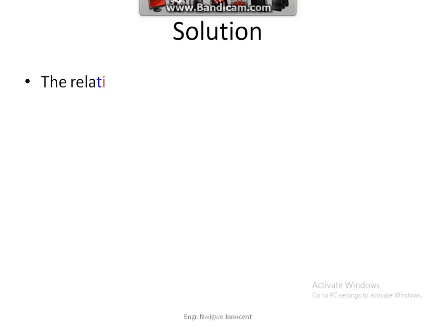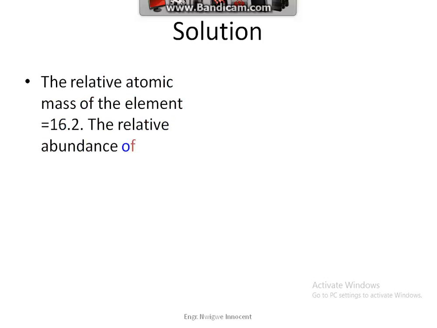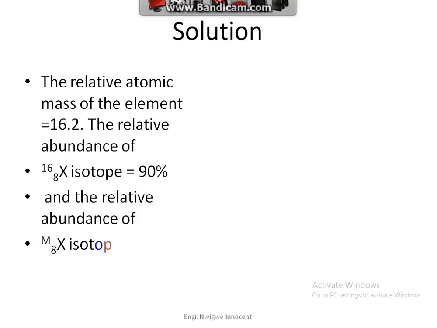Solution. The relative atomic mass of the element is equal to 16.2. The relative abundance of the isotope with atomic number 8 and relative atomic mass 16 is 90%, and the relative abundance of the isotope with relative atomic mass M is 10%.